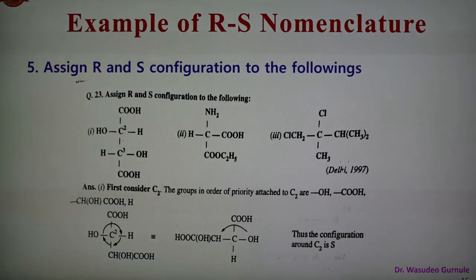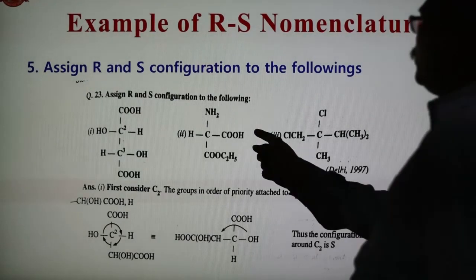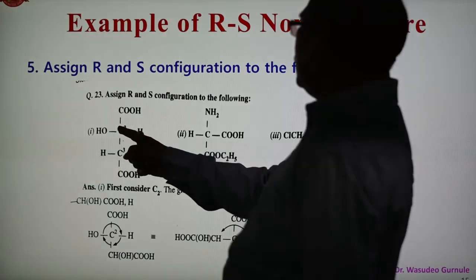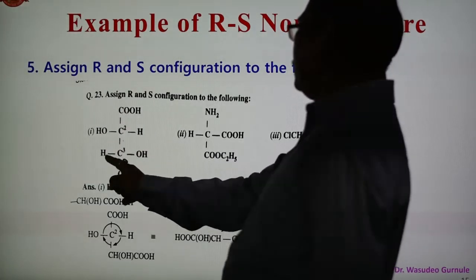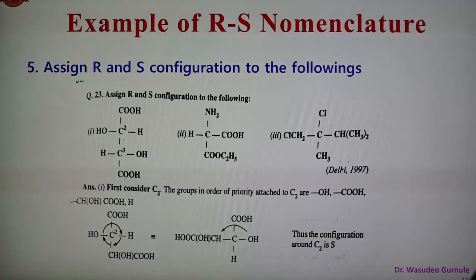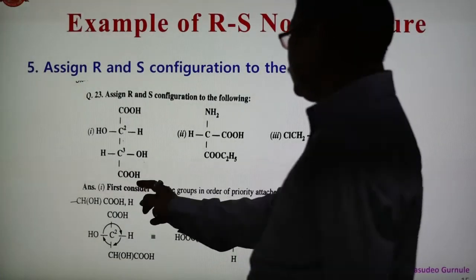4 different atoms are grouped, and C2 is the asymmetric carbon atom. The order of priority attached to C2 is first OH, then CHO, then this group carbon, and then H. So 1, 2, 3 are there in case of the first, which are shown here. So this is the compound, and this is CH2OH, CHO.